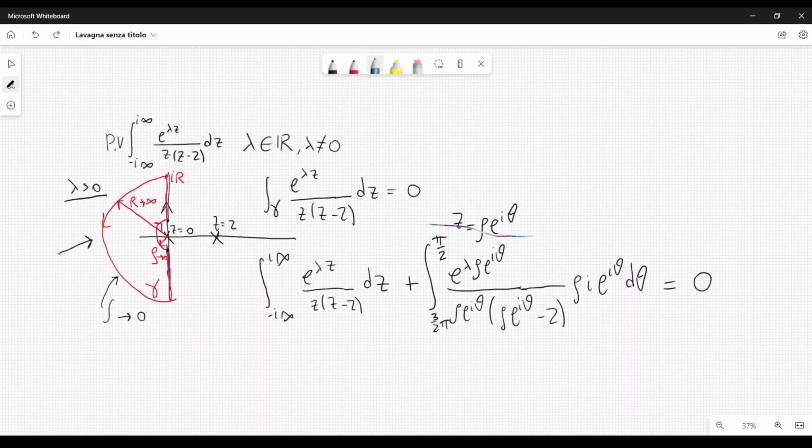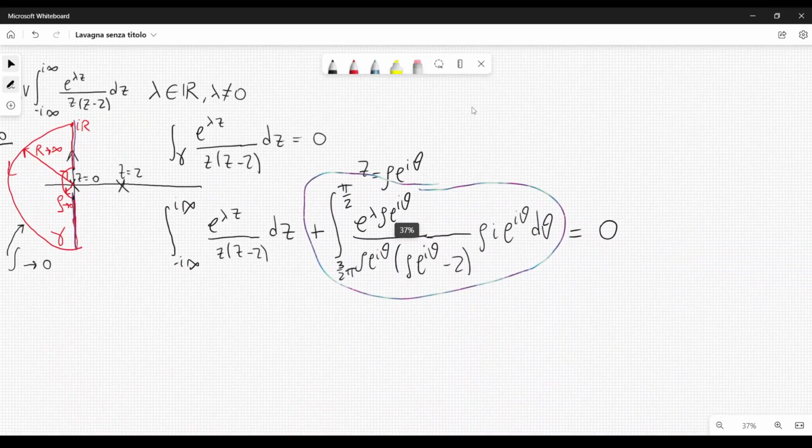Let's compute this integral here by letting rho go to 0. So first, let's simplify e to the I theta with e to the I theta, and then we can simplify rho with the rho. And if we let rho go to 0, we have the integral from 3 over 2 pi to pi over 2. Then we have e to the lambda rho, which is 1, because rho goes to 0.